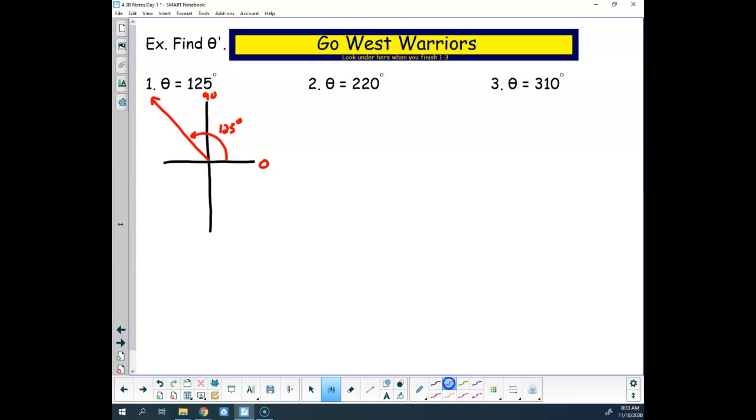So my reference angle would be what's left over, this part, because it comes off of the horizontal. So my reference angle would be how much? 55? Yep.